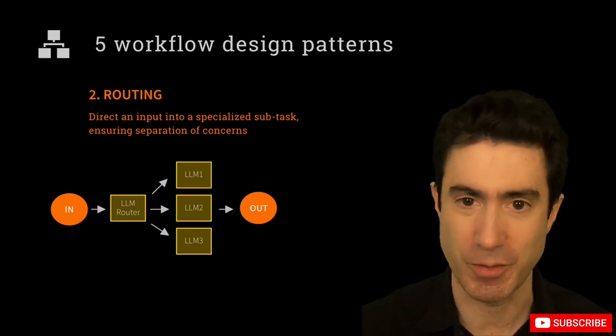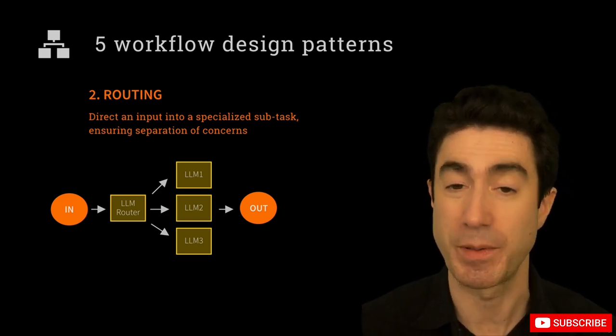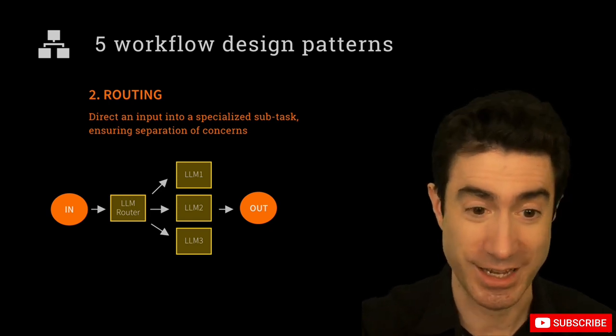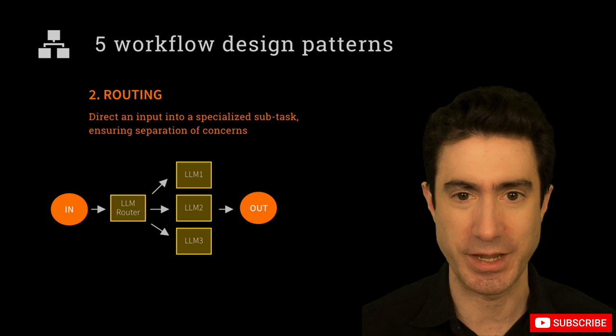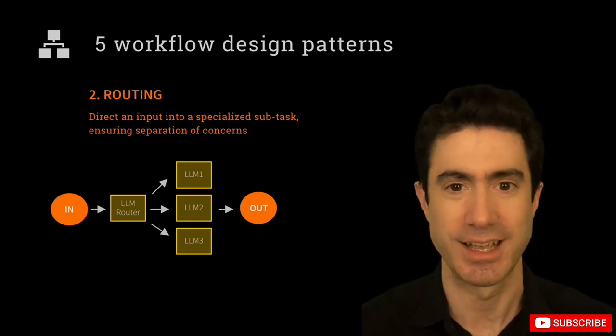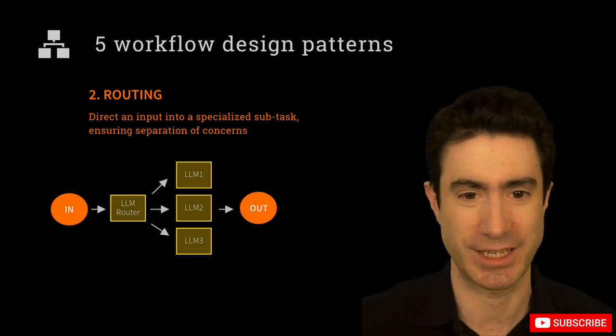And the router's job is to classify the task, understand which of the specialists will be best equipped to tackle this task. And it allows for, as I say here, separation of concerns, for being able to have different LLMs that have different levels of expertise and have an LLM decide how to route to those experts.